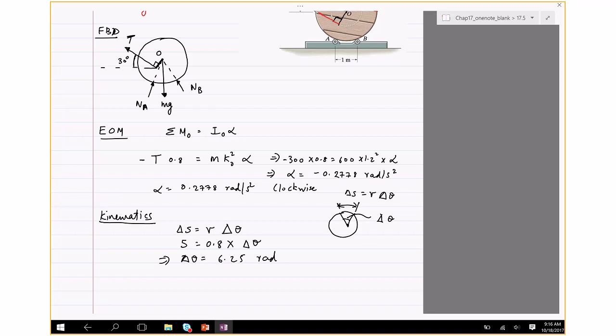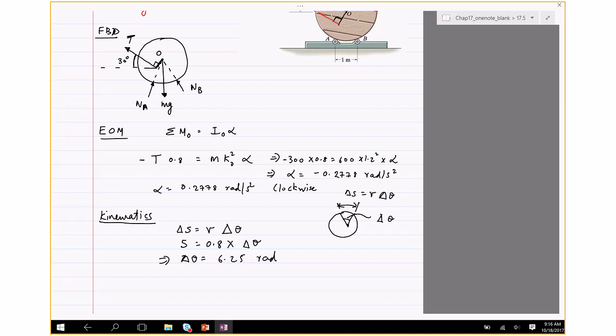What's the relation between time, acceleration, and angle turned? Distance over time is not going to give you anything here because it's not uniform velocity, it's uniform acceleration. So what's the formula for uniform acceleration?